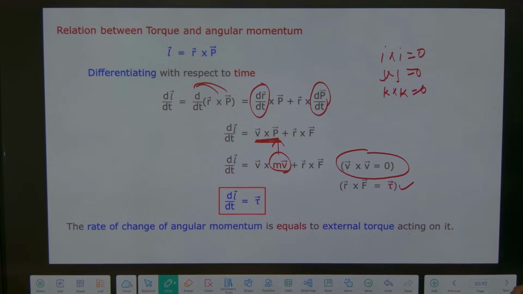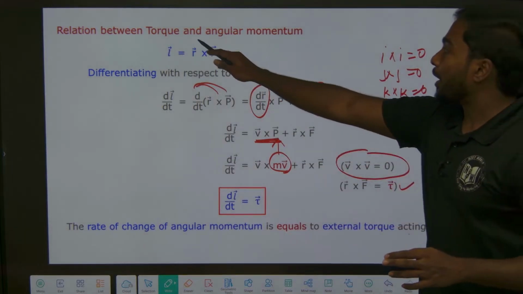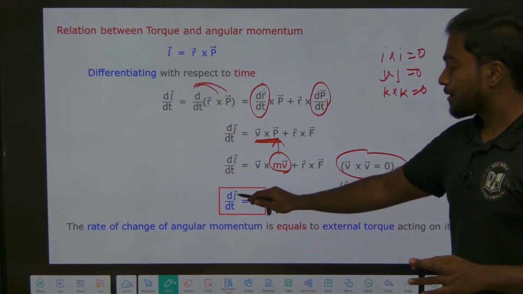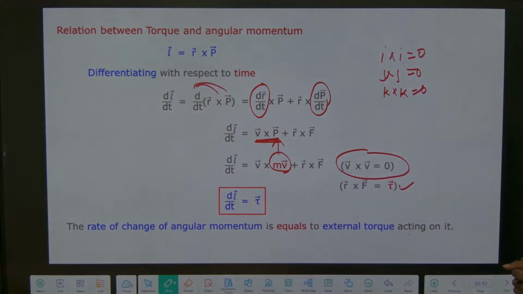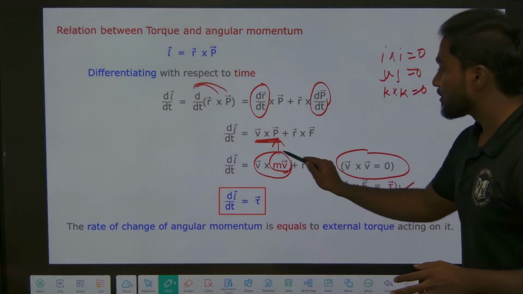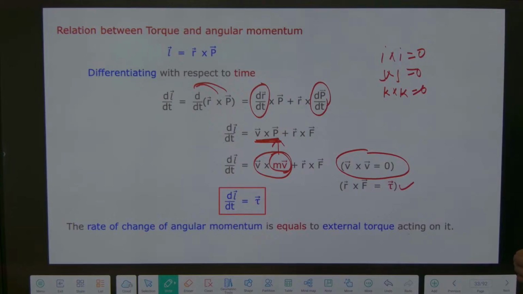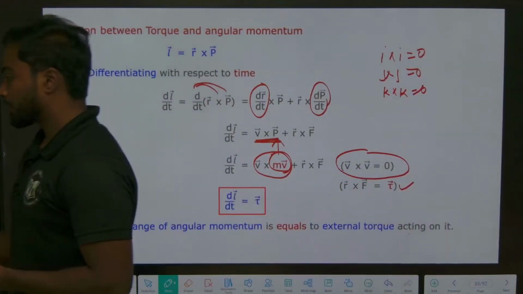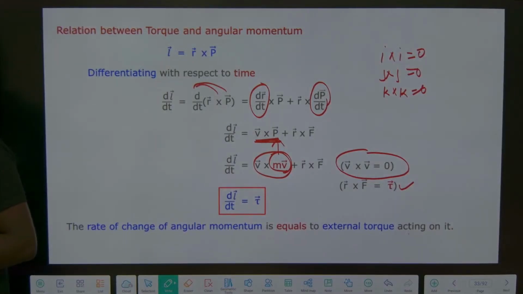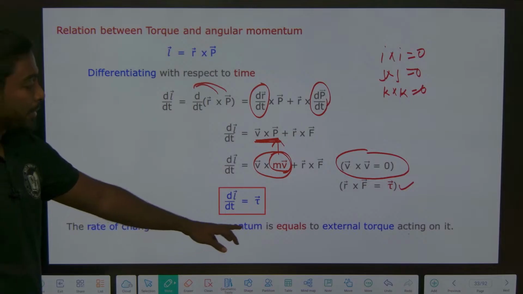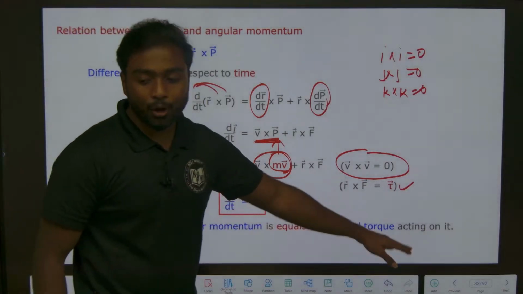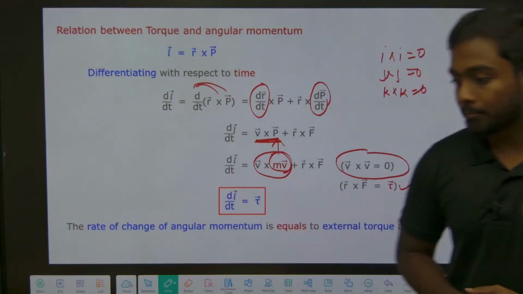So the relation between torque and angular momentum is torque equals dL by dt, where L is the angular momentum. The rate of change of angular momentum is equal to the external torque acting on it.